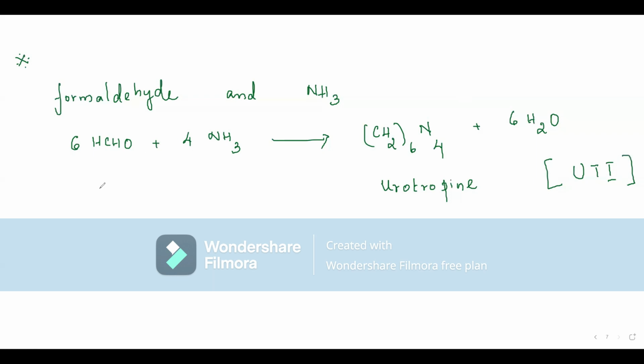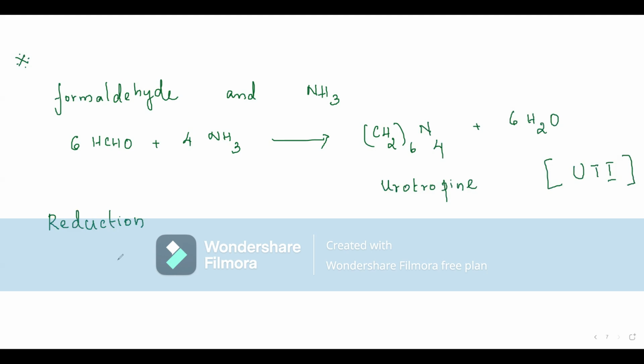Ammonia reacts with formaldehyde in a different way, and the result is urotropin. Formula of urotropin: (CH2)6N4.